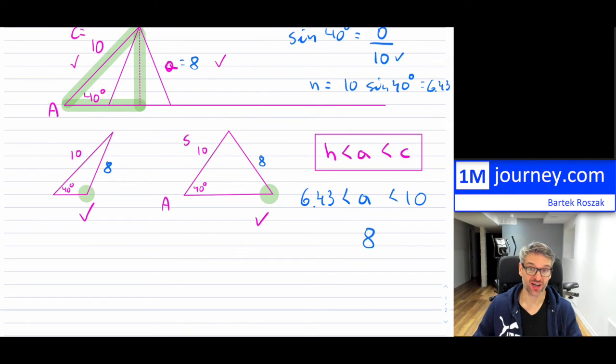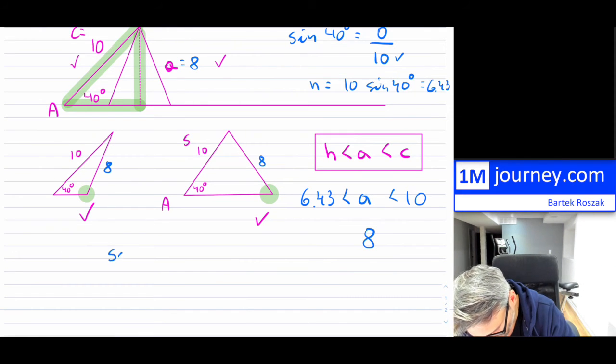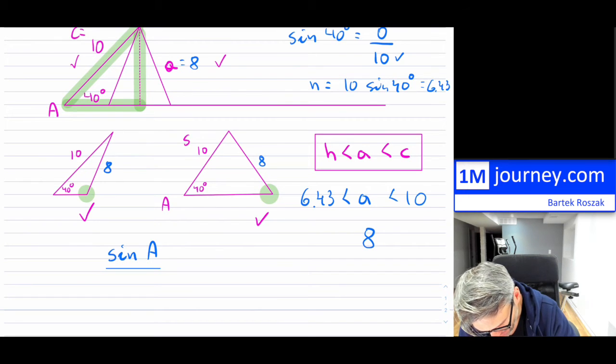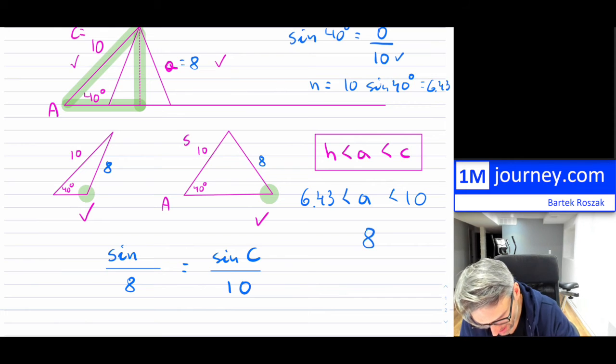But for my sine law, the way that I have set it up, sine of A over 8 equals sine of C over 10, where A is 40.